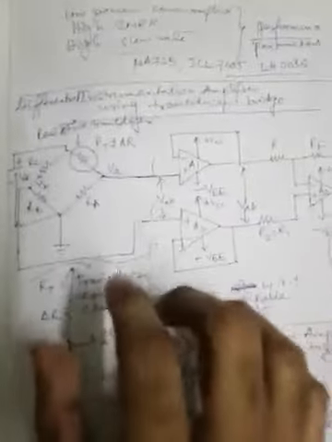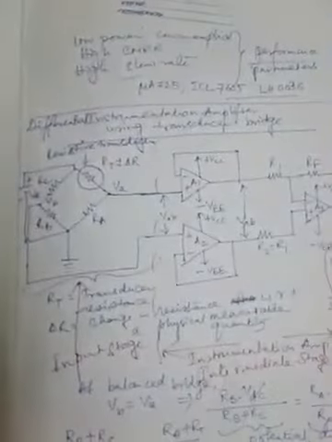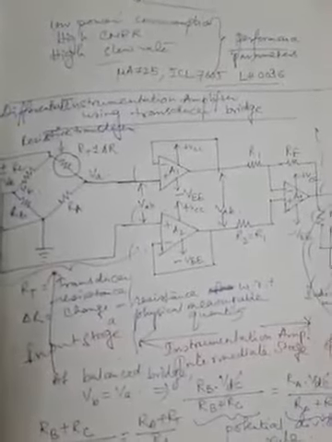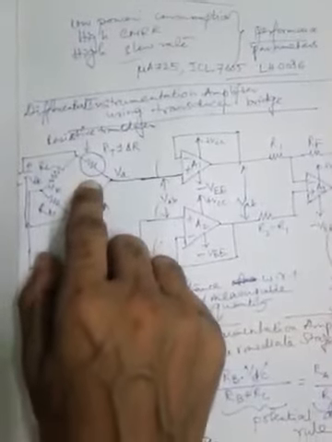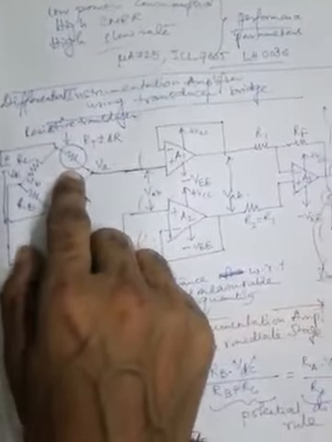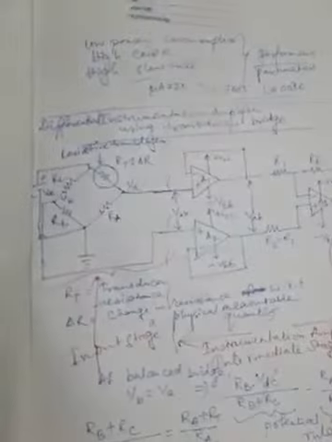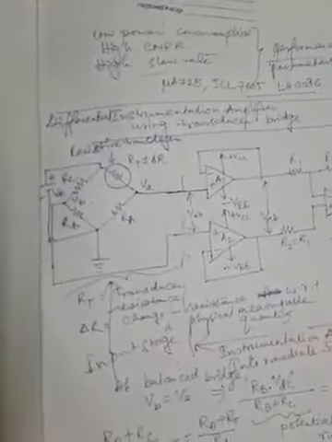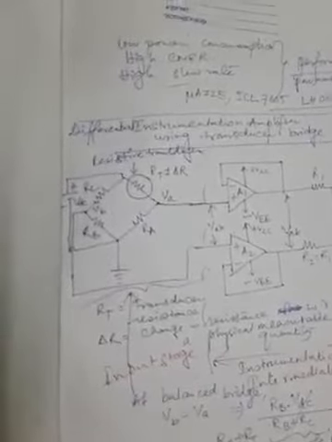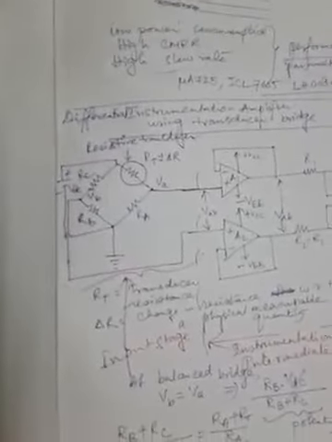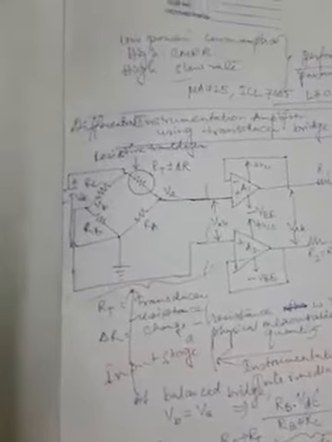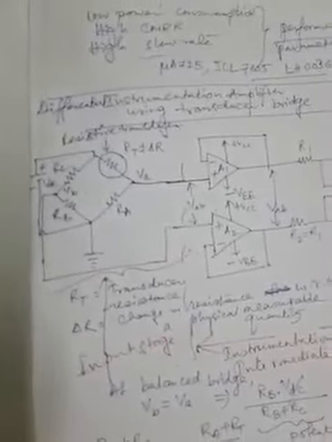So in this way we can say this differential instrumentation amplifier using a transducer bridge can be operated, whatever transducer we use here, whether it is a light transducer, a temperature transducer, a flow transducer, a temperature indicator, maybe a strain gauge, maybe a photoconductive cell.